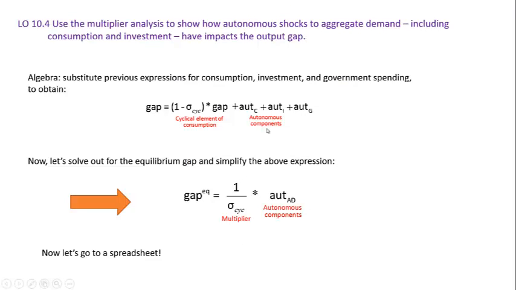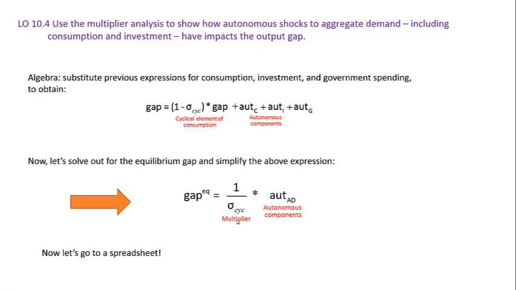Let's go back to this equation, and it turns out that we have to solve for the equilibrium gap. Going to bring it over to the other side, and then also we're going to combine these three into an autonomous component. We're going to call this the autonomous shock to aggregate demand, and you'll notice that once we solve, we get a multiplier term, and it's essentially the same multiplier term that we already had developed.